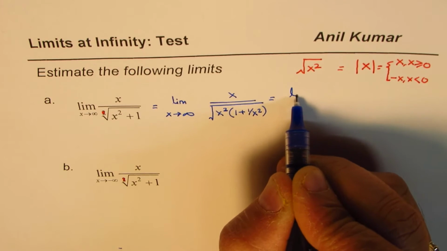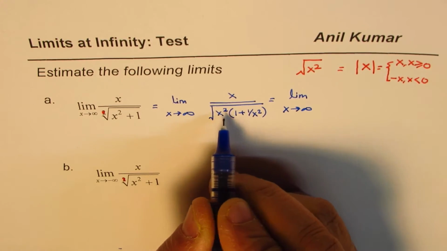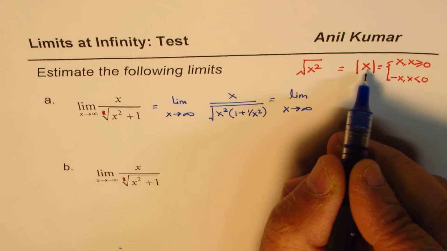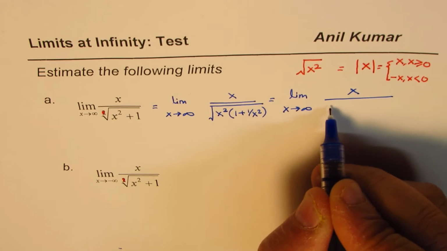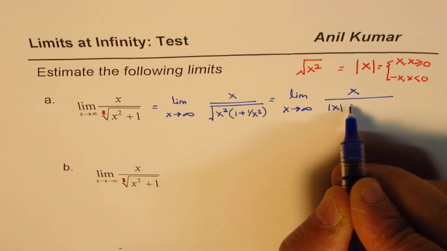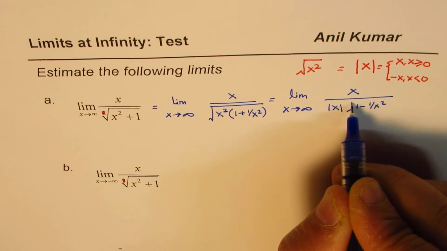And then we could simplify this further. We can take limit x approaches infinity. Now, square root of x squared is absolute x. I'm going to take it out. So we get x over absolute x. And within square root, we have 1 plus 1 over x squared.